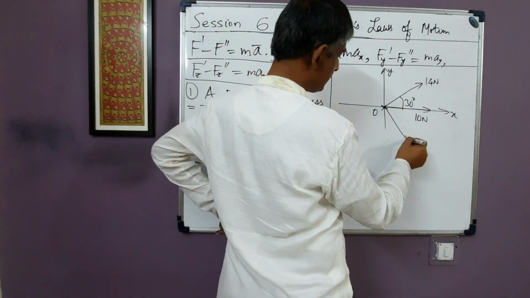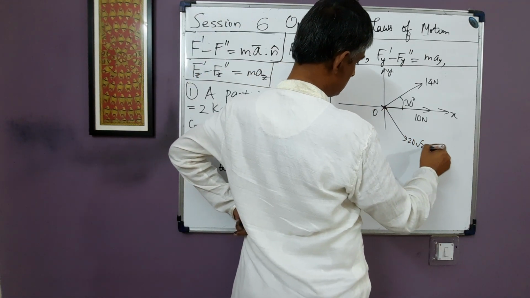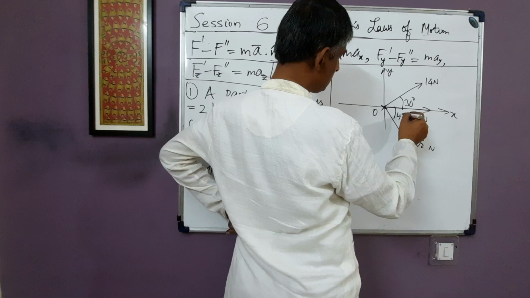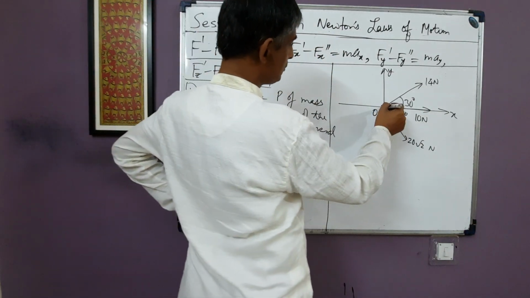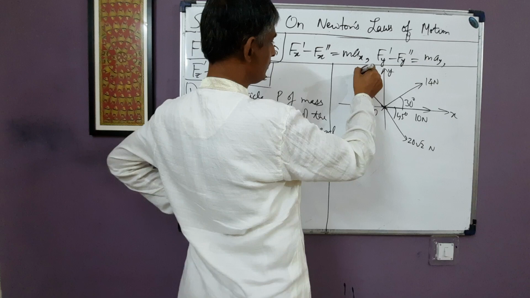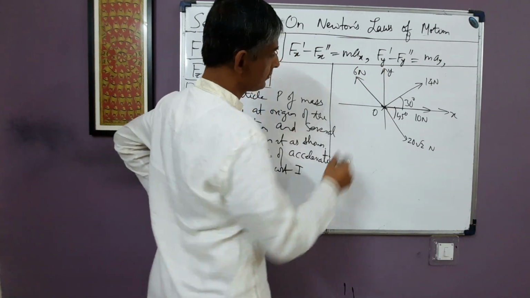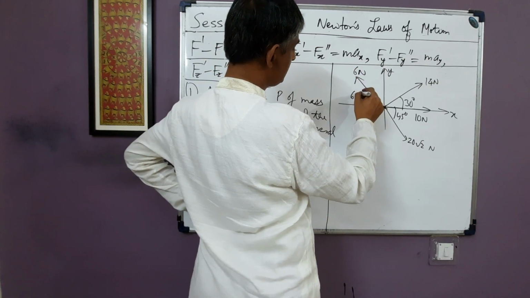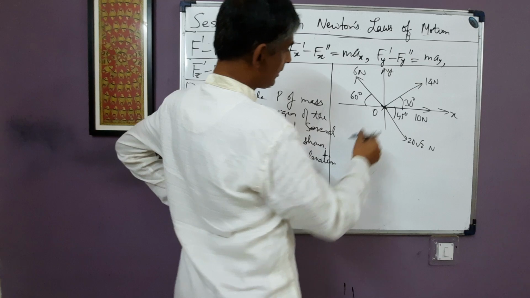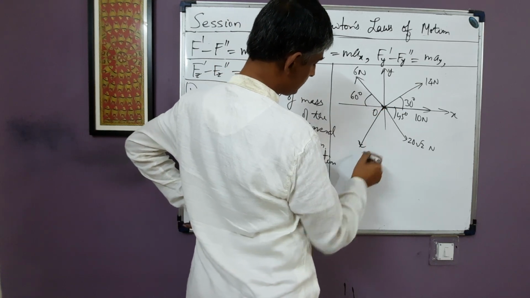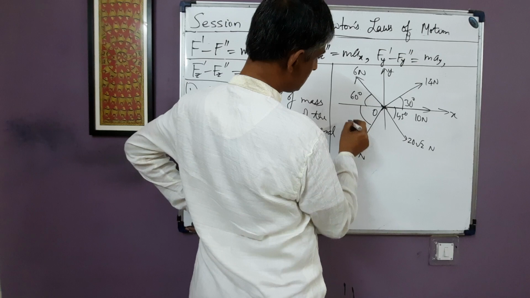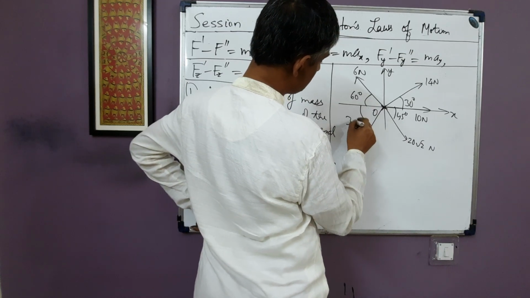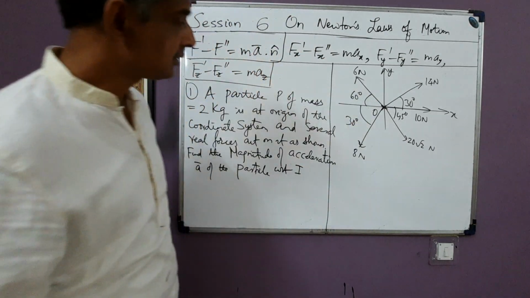One more force acts, 20 root 2 Newton along 45 degree angle. One more force I show here, 6 Newton along 60 degree. And then I show here some 8 Newton force along 30 degree. This is the situation.